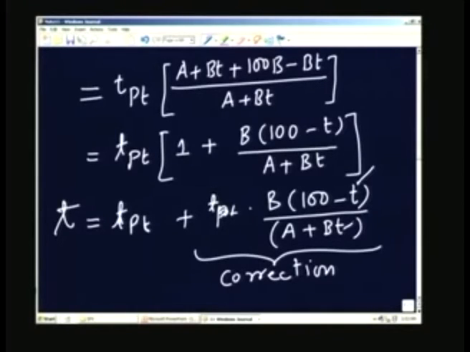So, what we will do is, we will assume that this temperature can be approximated by the platinum resistance thermometer scale, which is indicated by T_PT, number 1, and number 2, this is the A plus B t. We will assume that in the denominator this term is not as important as this term, therefore, we will neglect this term B t in the denominator. Okay. If you do that, you will get a very simple expression for the resistance non-linearity.